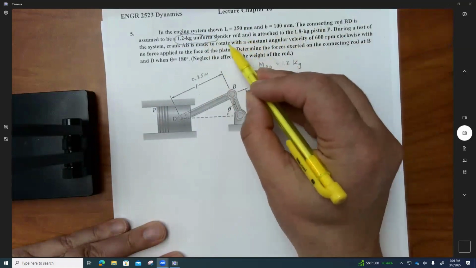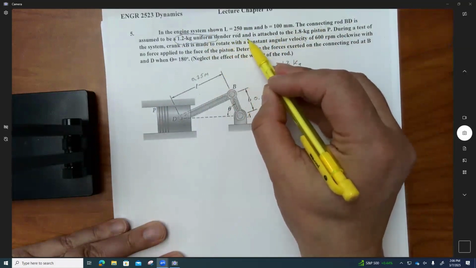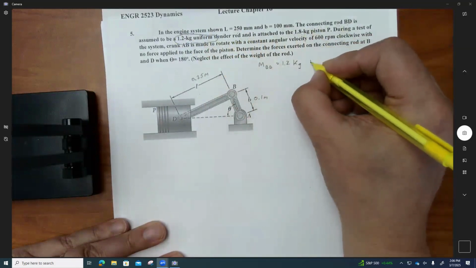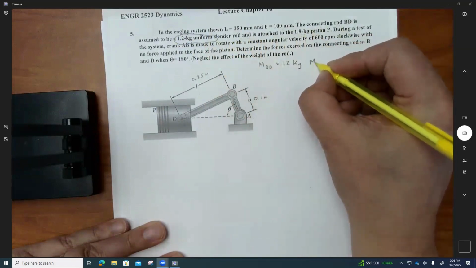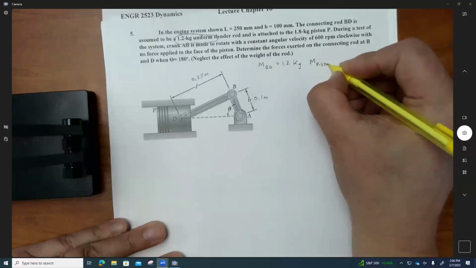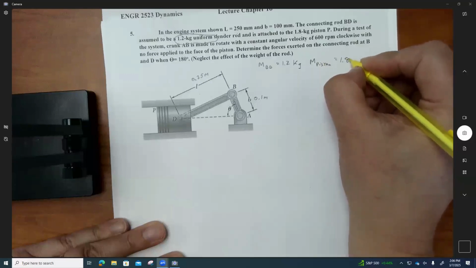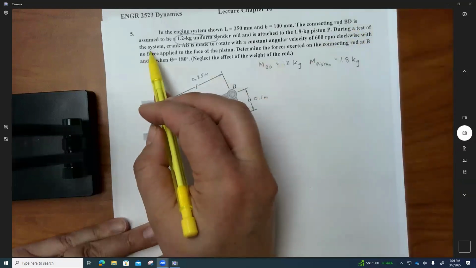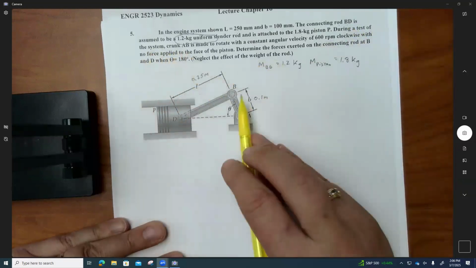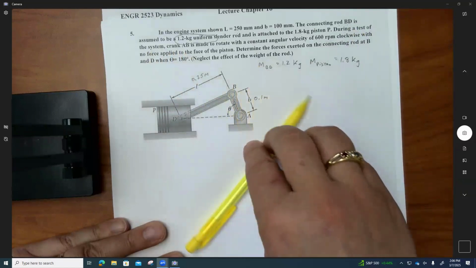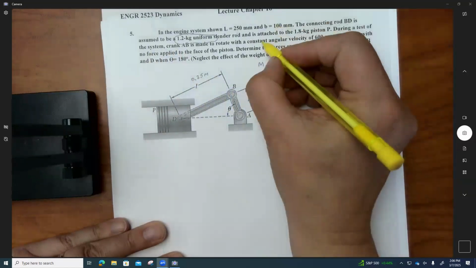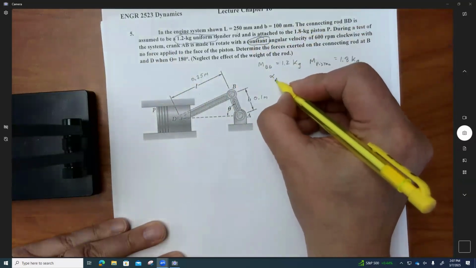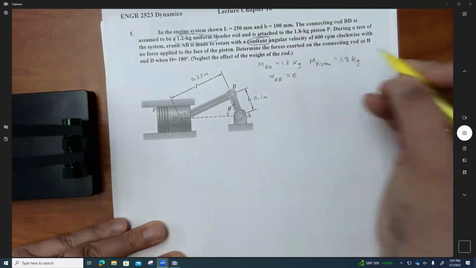And the slender rod is attached to a 1.8 kilogram piston. Mass of piston equals 1.8 kilograms. During the test of the system, crank AB is made to rotate with a constant angular velocity, which means alpha for AB is equal to 0.